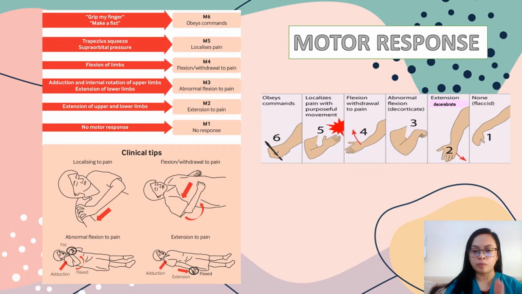This withdrawal from pain is a normal reflex response. Then you score 3 if there is abnormal flexion or decorticate posturing, and 2 if there is abnormal extension or decerebrate posturing. I will show you a video later on to compare the two, and you score 1 if there is no response at all.